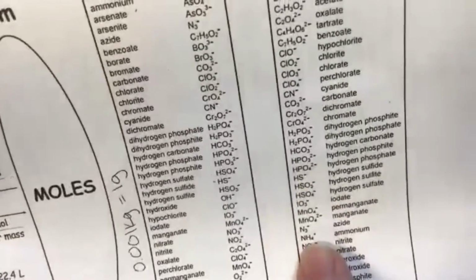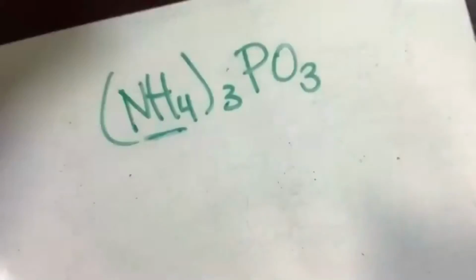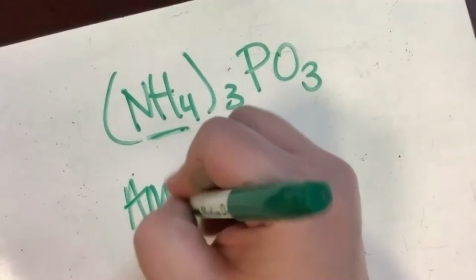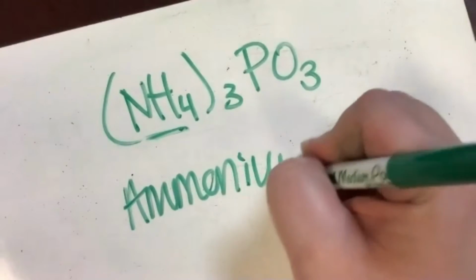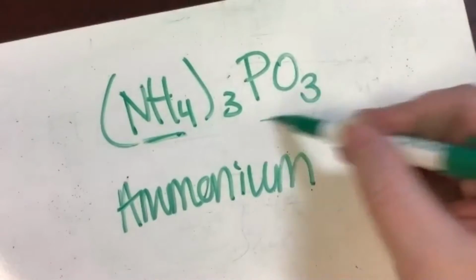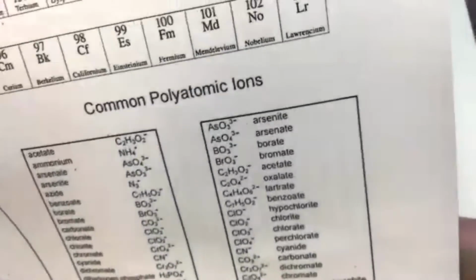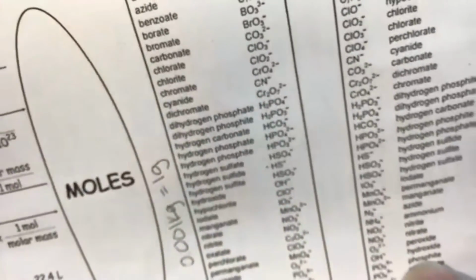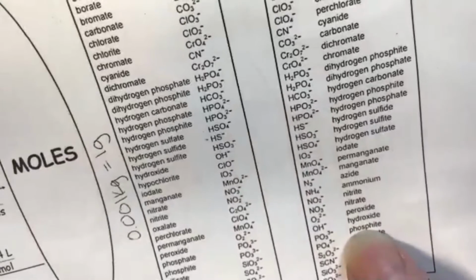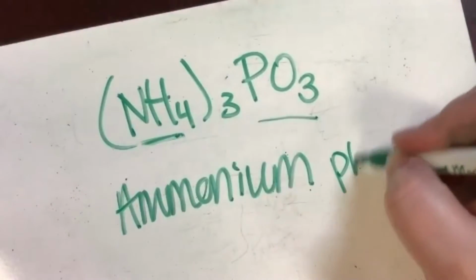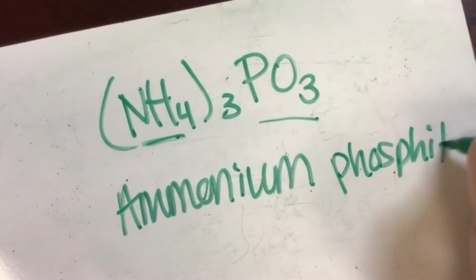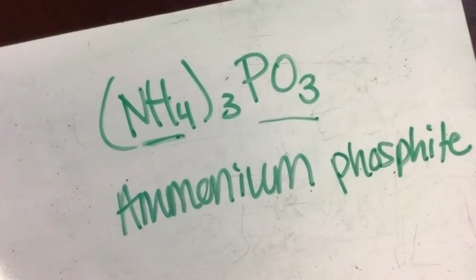It's right there, ammonium. That's the rare occasion where it's positive, so ammonium. No Roman numerals for this one, and then I just find PO3. PO3 is polyatomic. PO3 is phosphite. So that's it for that one, ammonium phosphite.